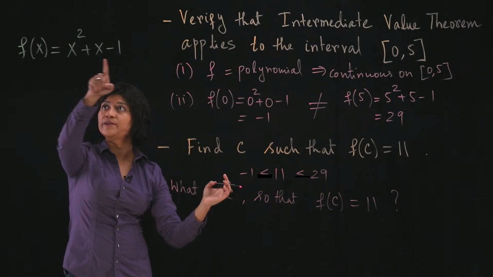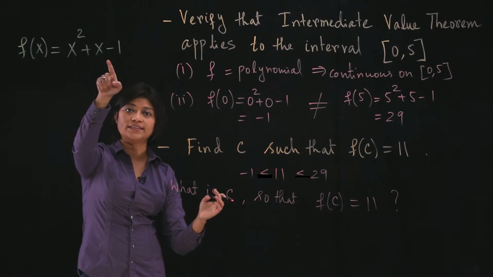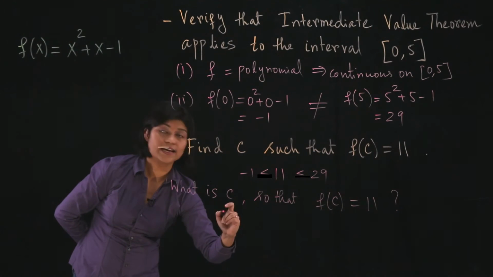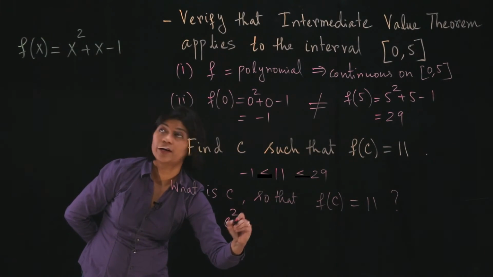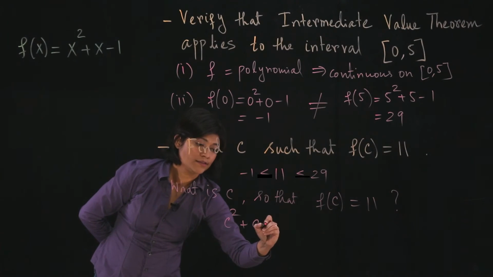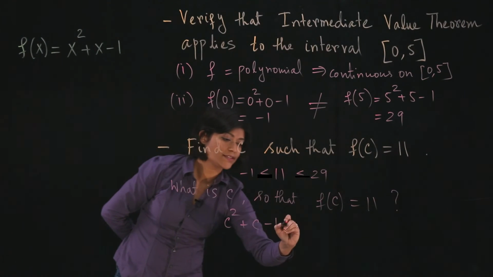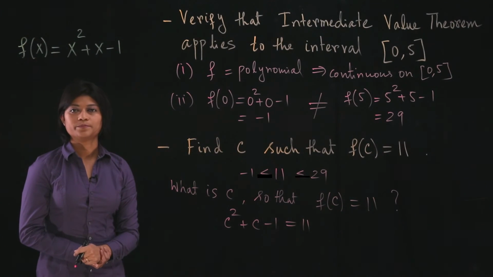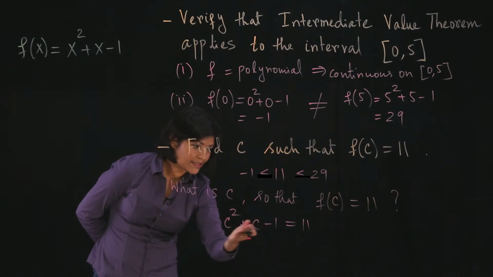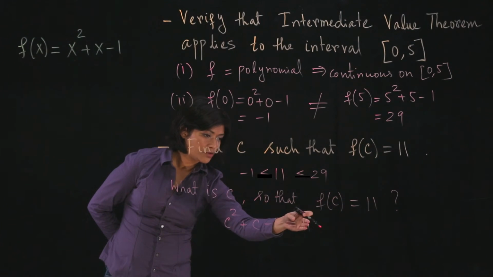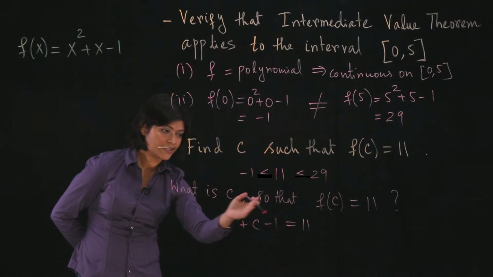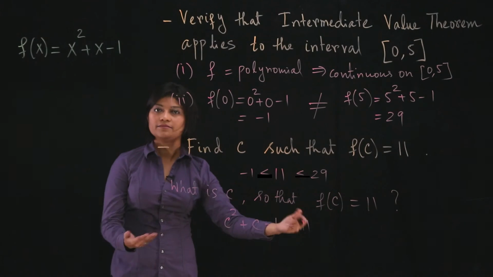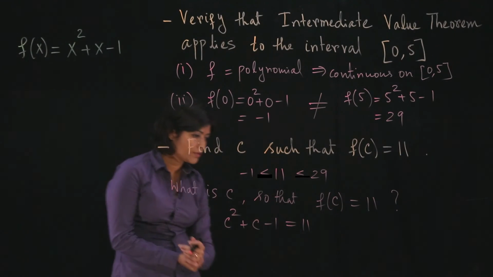So go back to our expression for the function and plug in c for x. So the left hand side is just c squared plus c minus 1. Right hand side is 11. So you just have to solve for c. Okay? You can see that this is a quadratic equation, right? So bring everything to the left hand side, set it equal to 0, and then just factor and solve.